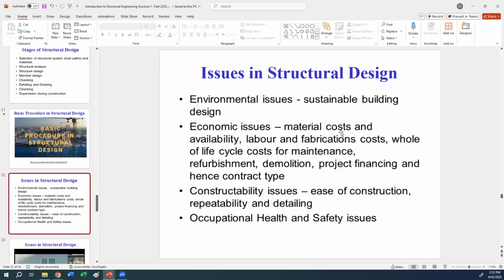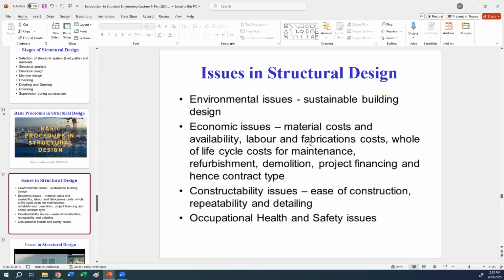And here are some issues in the structure design process. Some issues we can face during the structure design process are environmental issues, and also some problems in achieving sustainable building design. Another type of issue is economic or financial issues, due to material costs changing rapidly, the availability of materials, high labor and fabrication costs, and the whole life cycle cost of maintenance.